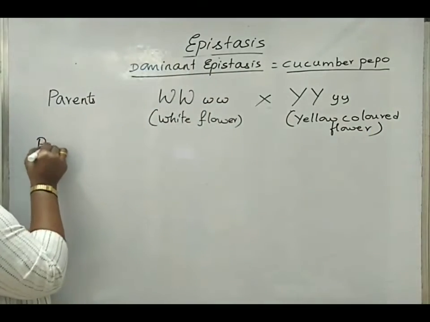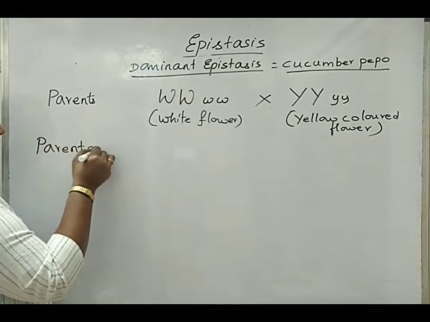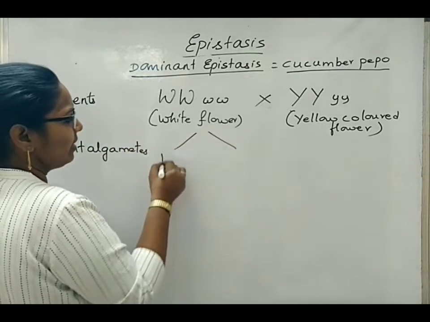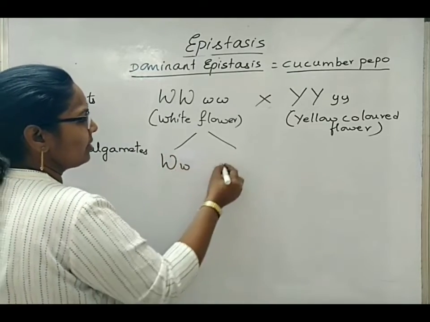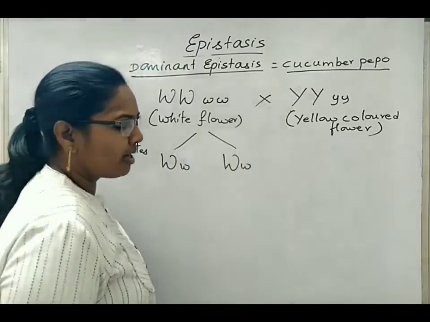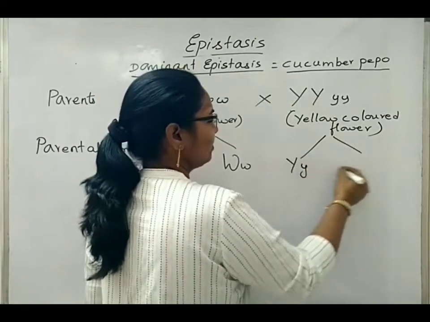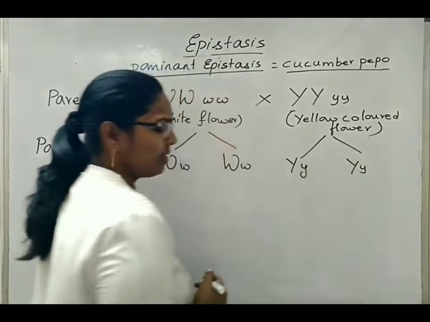If you take out the parental gametes, we can write one dominant form, one recessive form, again one dominant form, another recessive form. Here also let's separate the gametes like this.